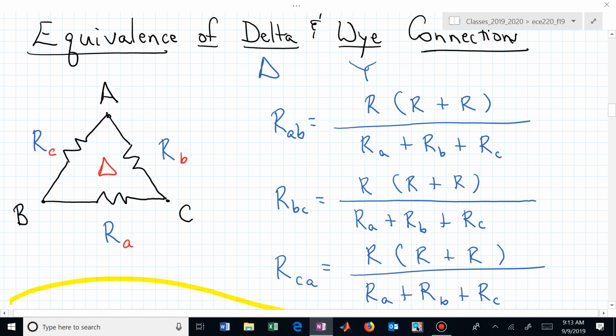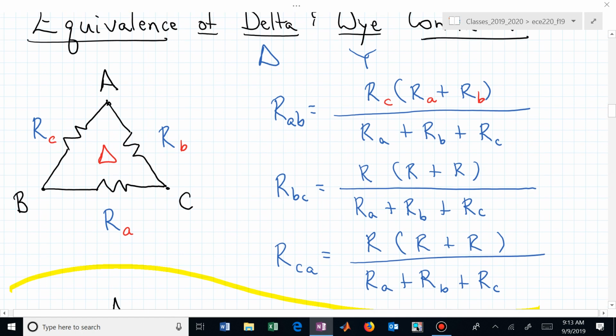R sub C is now in parallel with the series combination of A and B. We okay with that? What about R sub BC? What's the first resistor subscript?